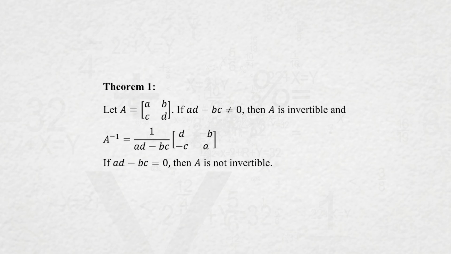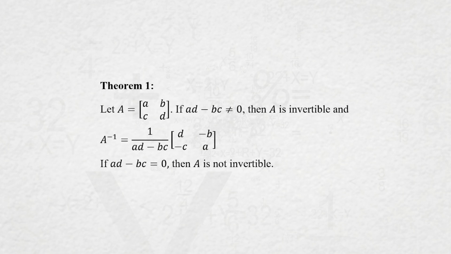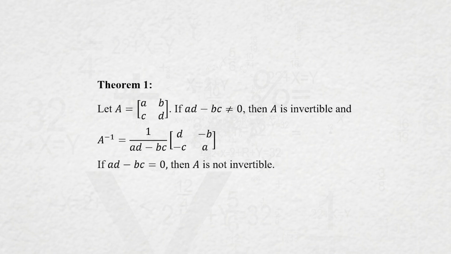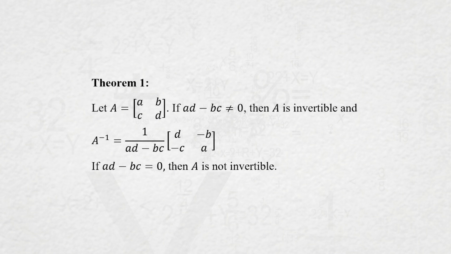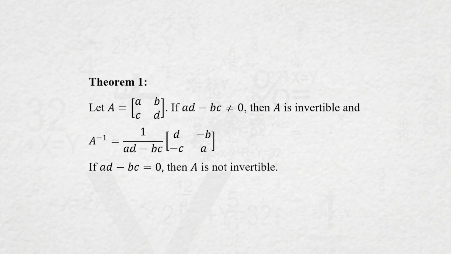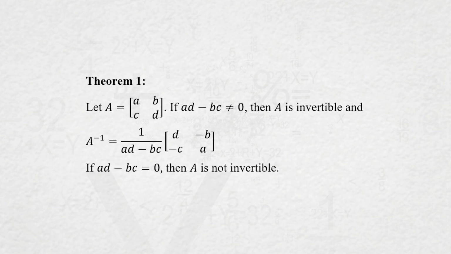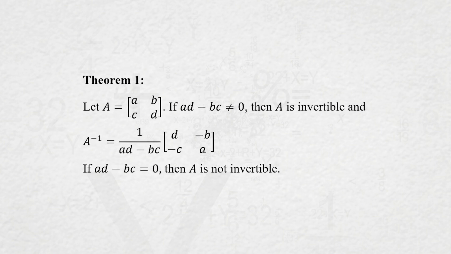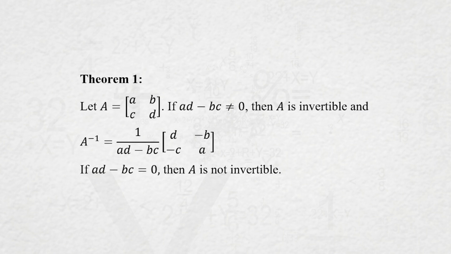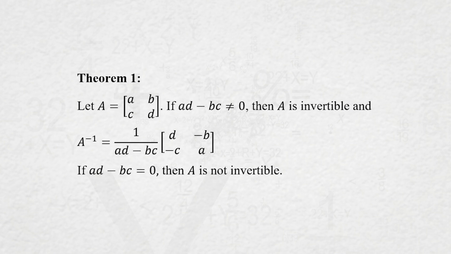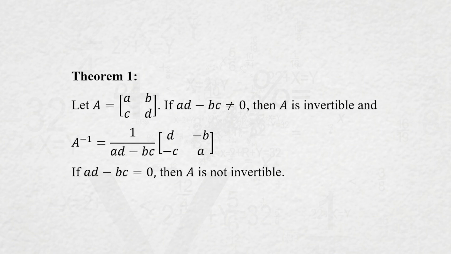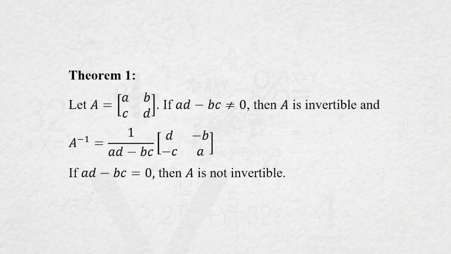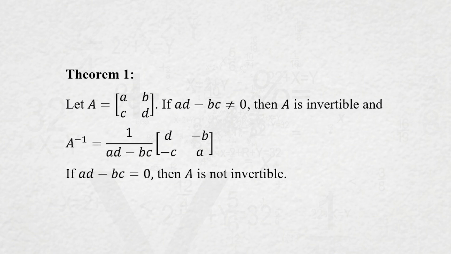The first theorem: let A be the square matrix with entries A, B, C, D. If AD minus BC is not equal to 0, then A is invertible and A inverse is equal to 1 by AD minus BC times the matrix D, minus B, minus C, A. If AD minus BC is equal to 0, then A is not invertible.